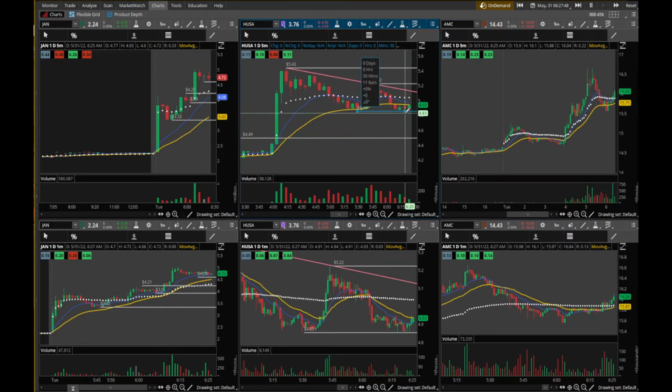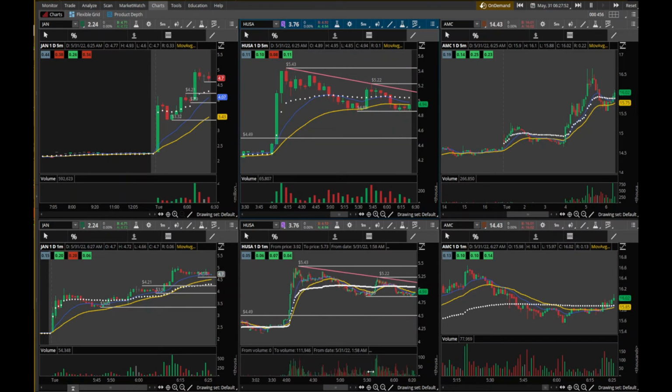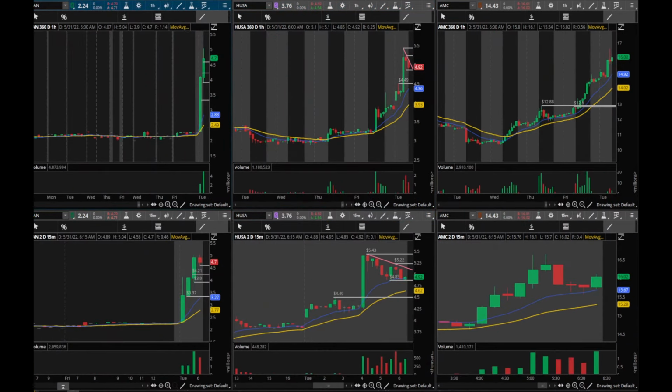That line we already have. Here's your larger time frames here. So you can see that looks like a pretty nice bull flag forming. A lot of red volume candles in here.